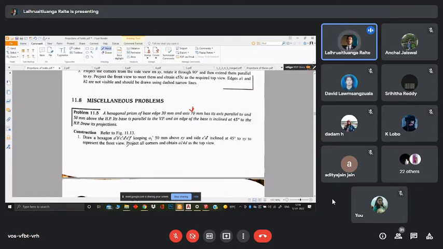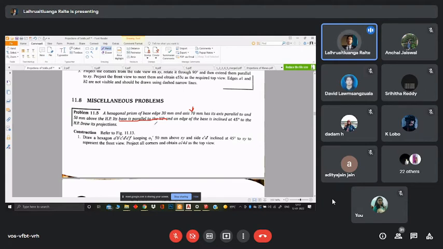perpendicular to the VP as well. But its base is parallel to the VP. Now we have a condition which clearly states that the base is parallel to the VP. So that means that when the base is parallel to the VP, the whole solid is perpendicular to the VP, or the axis is perpendicular to the VP.